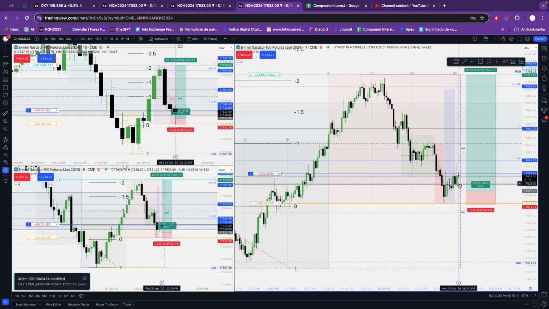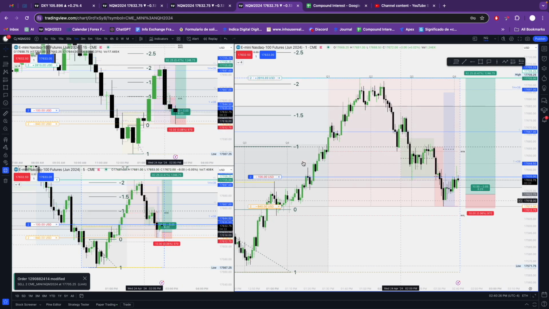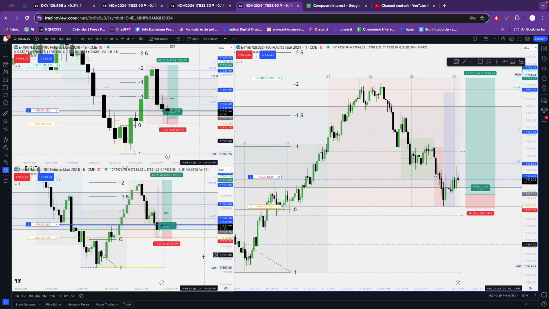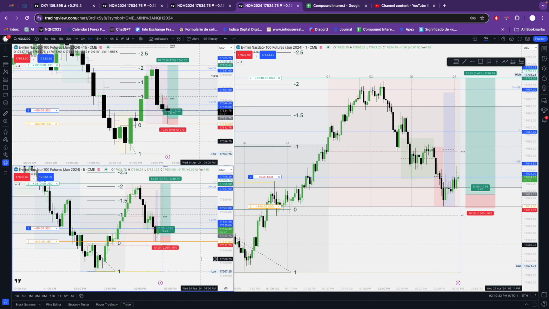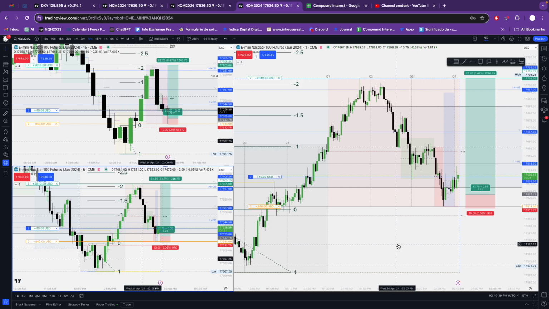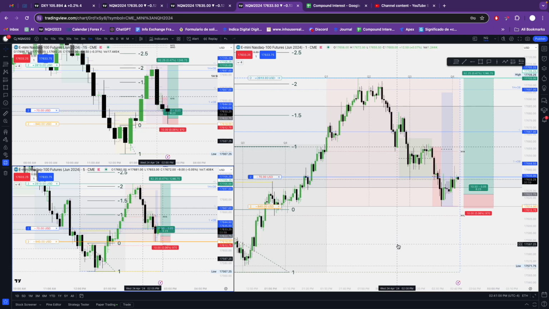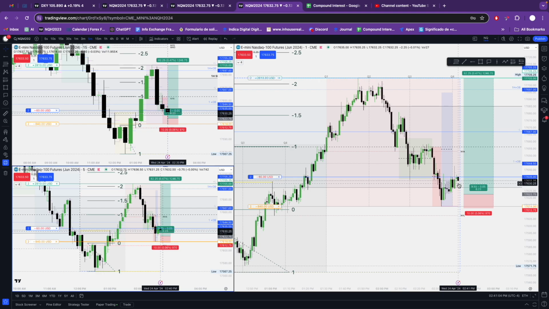And here we are in Q4. So we want to see 50% up here being supported of this bullish order block chain state delivery.